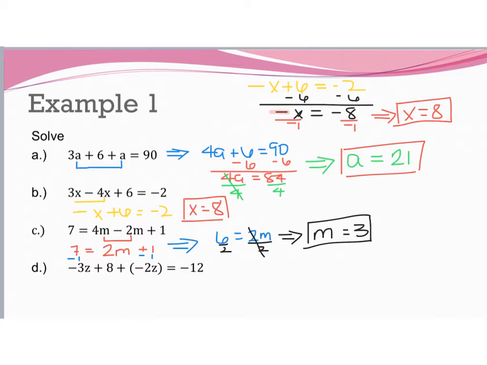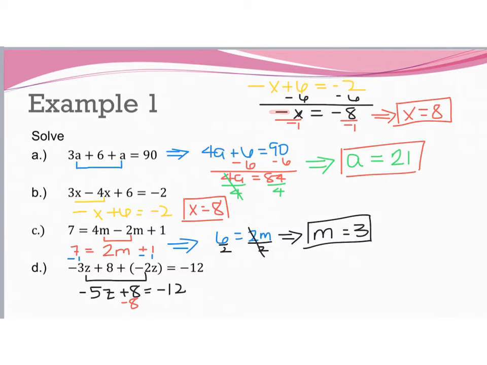And finally, I have negative 3z plus 8 plus a negative 2z equals negative 12. So I am going to combine my z terms, and this will give me a negative 5z plus 8 equals a negative 12. Well, I'm going to get rid of my 8 because I want to keep my z term by itself.